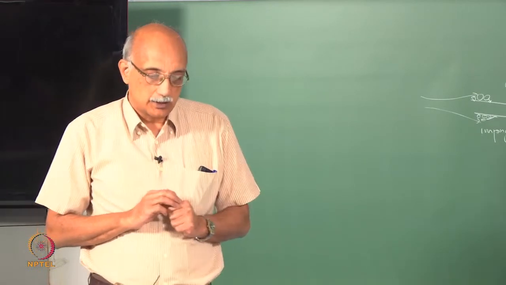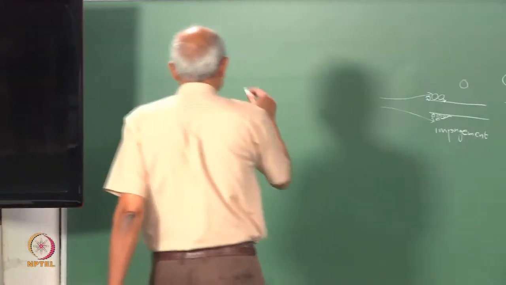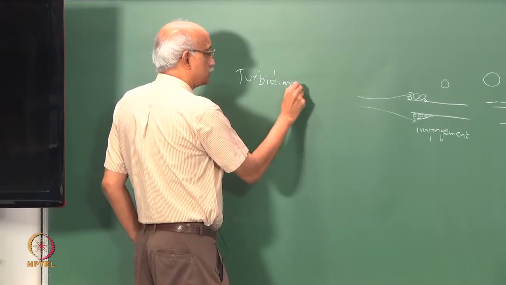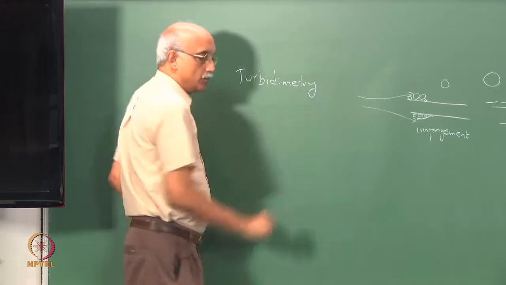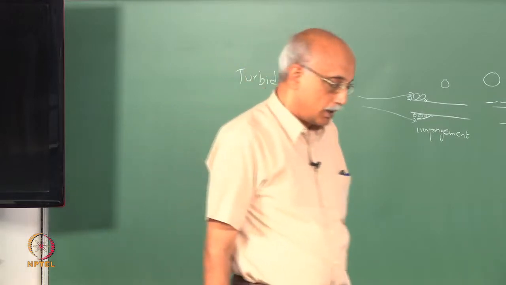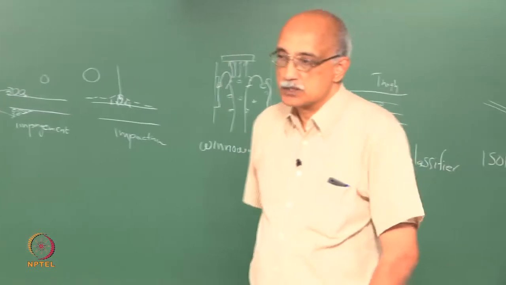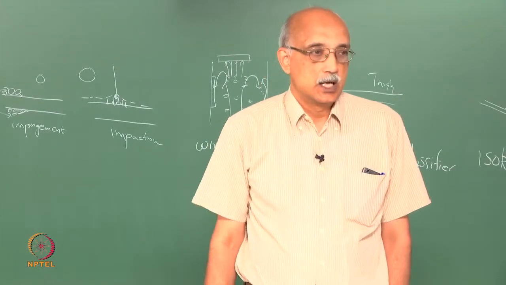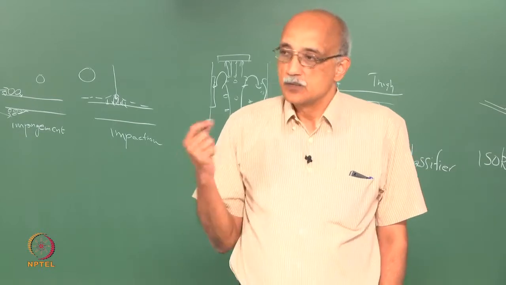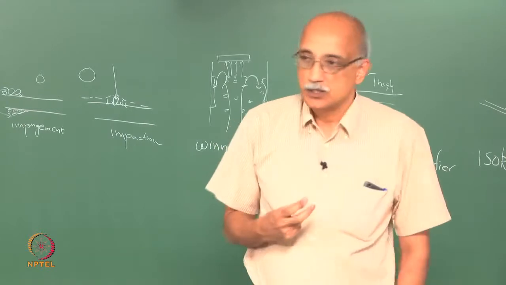There is a technique called turbidimetry, which is widely used to characterize particle concentrations and by extension particle sizes in liquids. In fact, most metro water departments will use turbidimeters as a primary control over the cleanliness of the water that they have, because it is a very sensitive measurement of suspended particle concentration in the liquid.